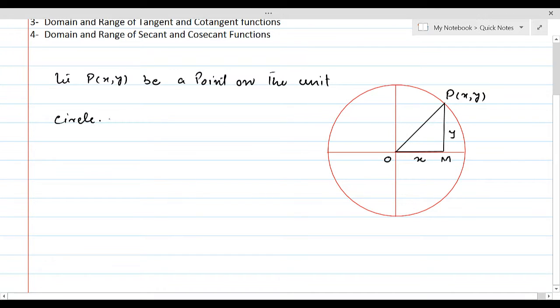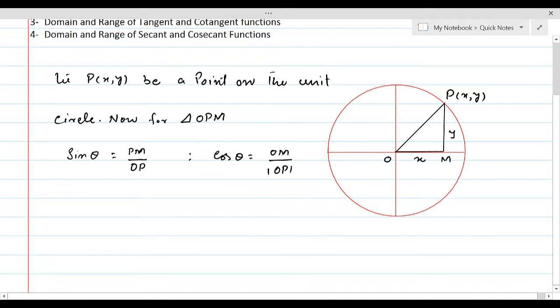Now from the definition of sine and cos, for triangle OPM, which is of course a right angle triangle, sine theta is equal to PM over OP, and cos theta is equal to adjacent over hypotenuse, means OM over OP.